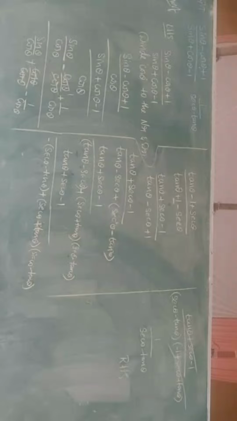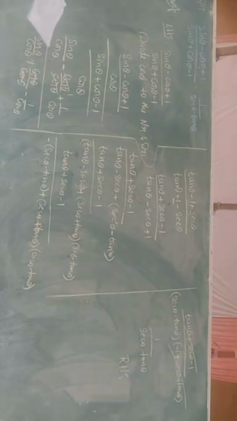Now, sixth one: under root 1 plus sin A divided by 1 minus sin A is equal to sec A plus tan A. Write this down. Did you complete this? This question, the previous one, has been asked many times in the board examination, just for 3 marks.